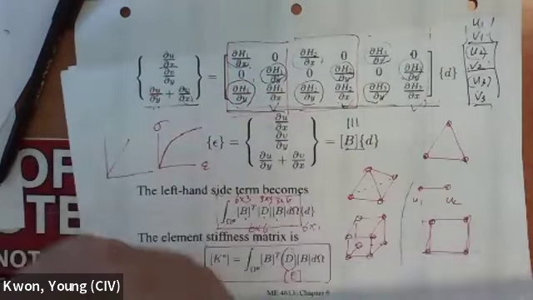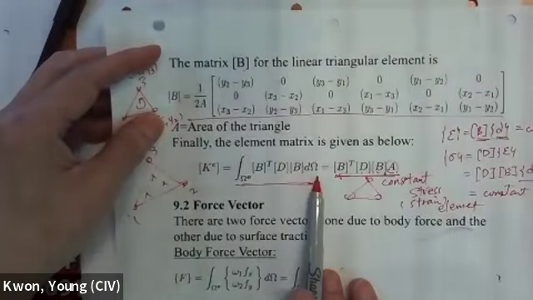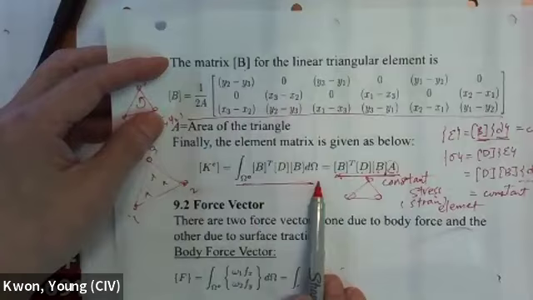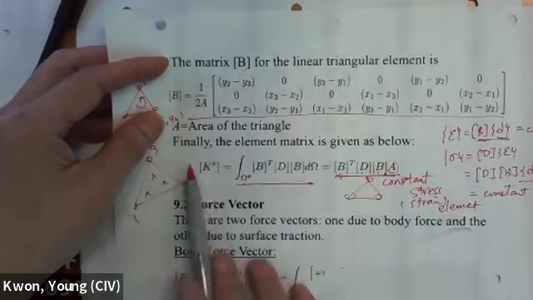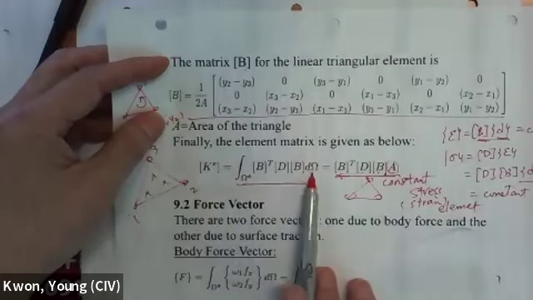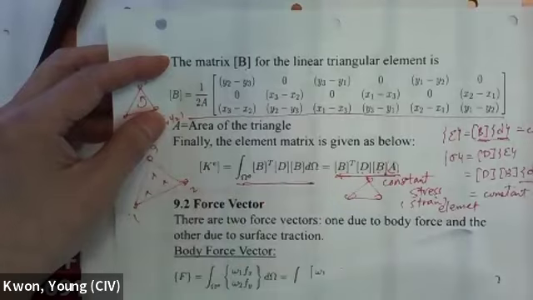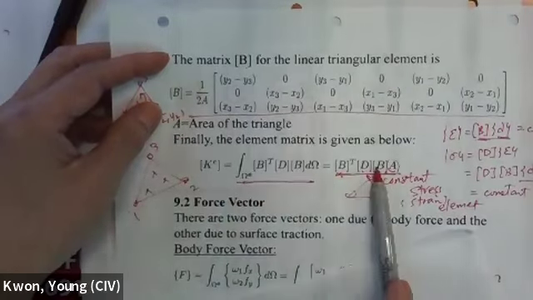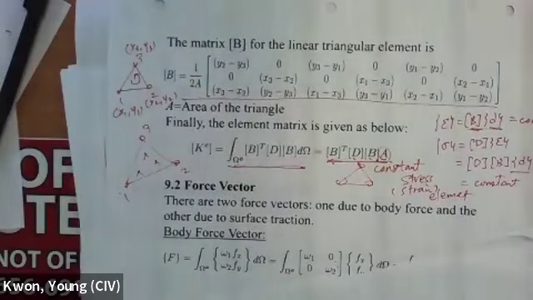Then eventually you have to carry out this integral using numerical integration, like Gauss quadrature, depending on what kind of element you are using. That's what most commercial programs do: they use an isoparametric element and carry out this integral numerically to calculate the element stiffness matrix. This is a very special case. Any question up to this point?